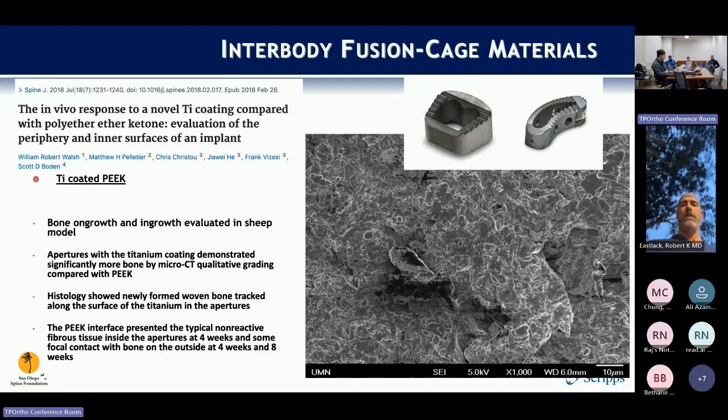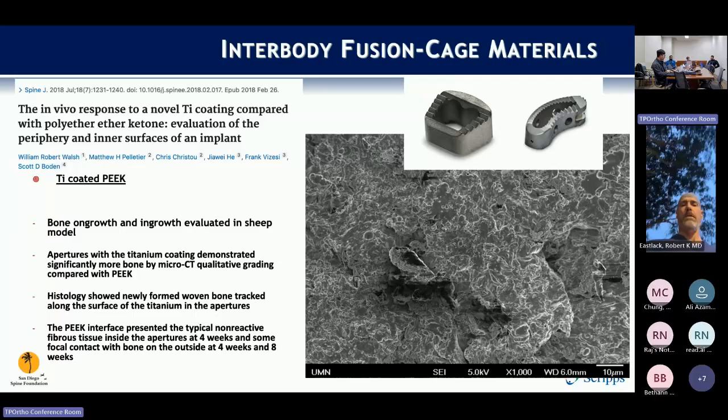The titanium coated PEEK sheep model demonstrated significantly more bone on the micro CT qualitative rating when compared to PEEK, and histology showed newly formed woven bone tracking into the surfaces.